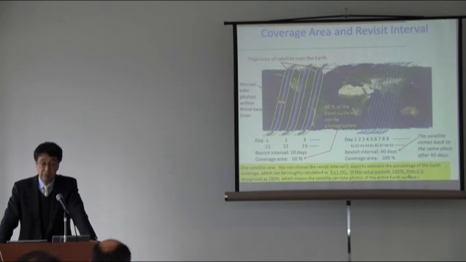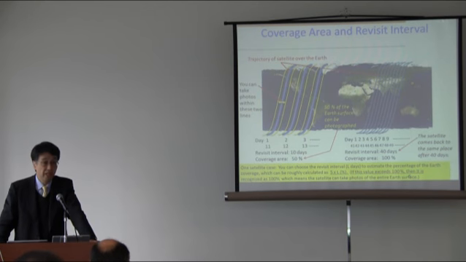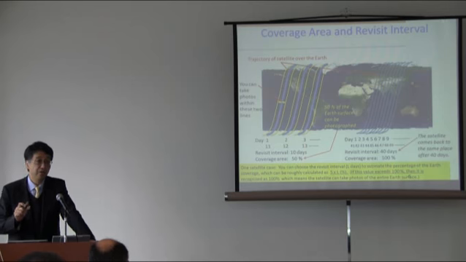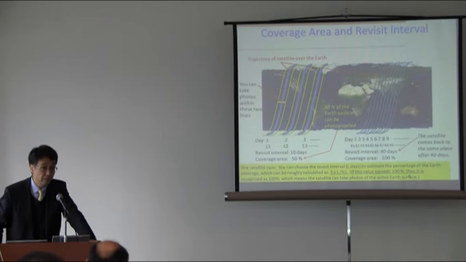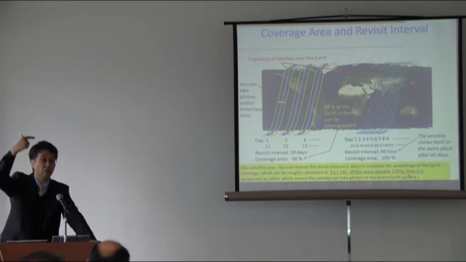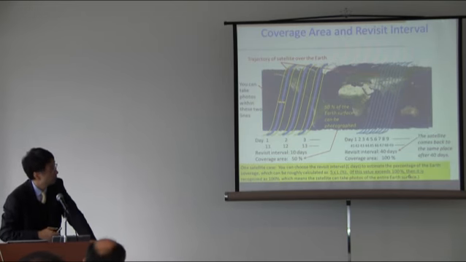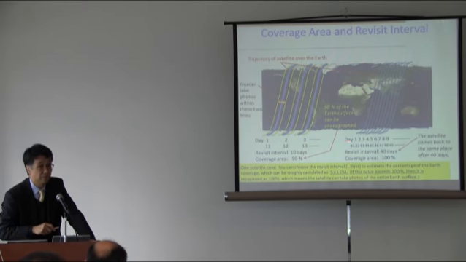And the orbital design is very, very complicated, so we have a very simple assumption that the orbit is a sun-synchronous orbit. So it goes around north and south, over the Arctic and Antarctic oceans. First you should define the revisit interval for each satellite.